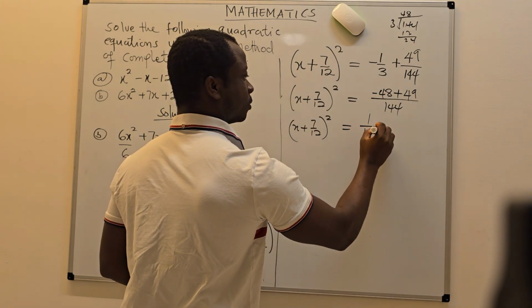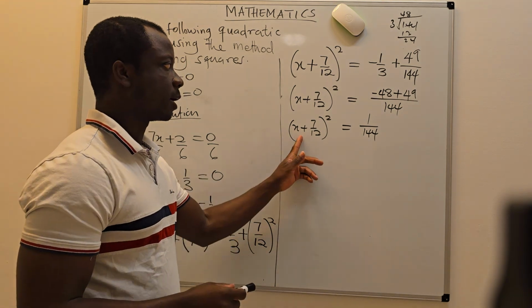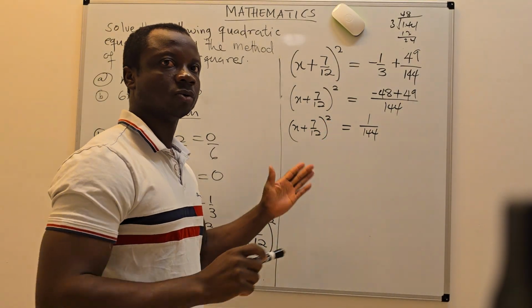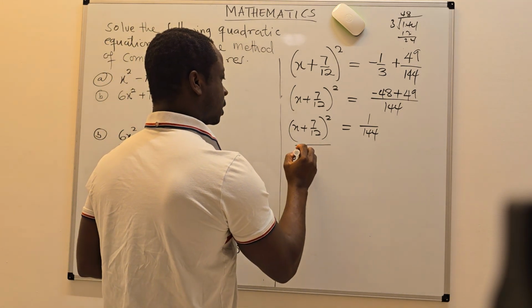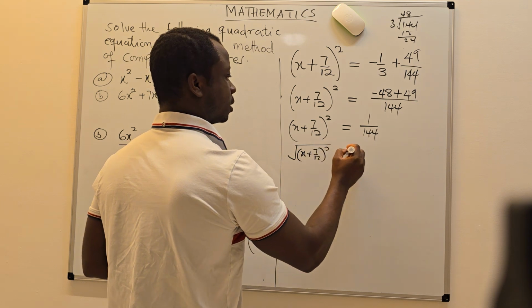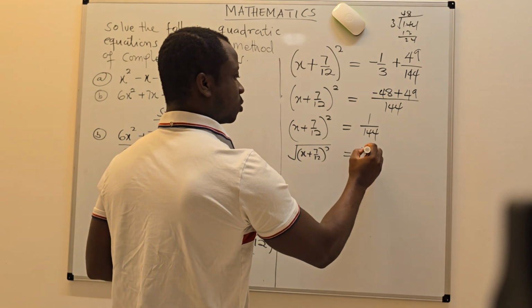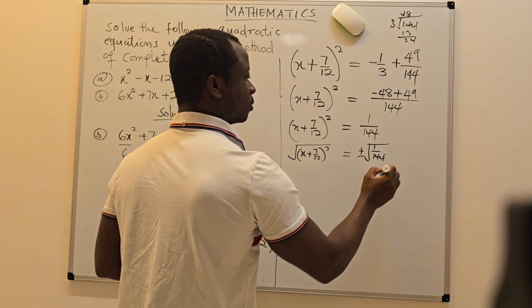Like we did earlier on, we want to solve for x, and because of this square, we take the square root of both sides. So we are going to have x plus 7 over 12 equal to plus or minus the square root of 1 over 144.